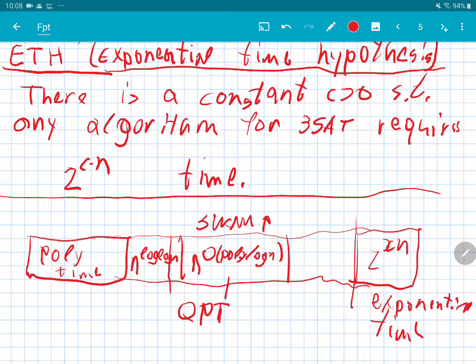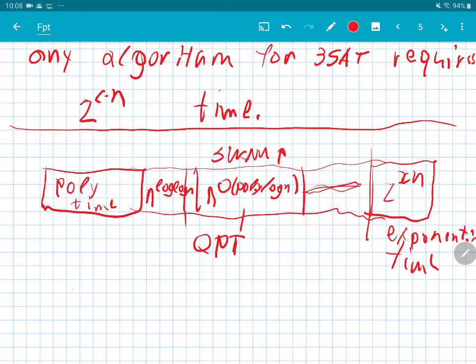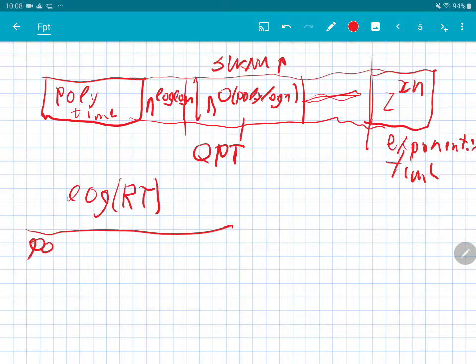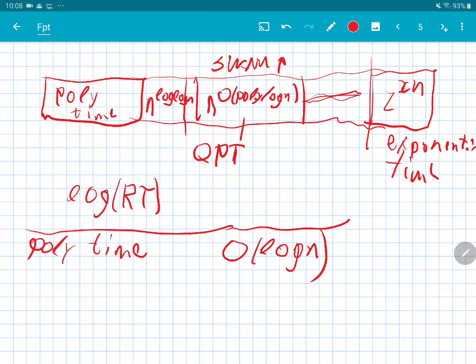But the thing to remember is that there are a lot of other running times here in between. This gap is huge, right? To see how big it is, don't look at the running time, look at the log of the running time. If you look at the log of the running time, what we call polynomial time is really O of log n, because the log of n to the O of 1 is O of log n. Polynomial time is logarithmic in this log scale.